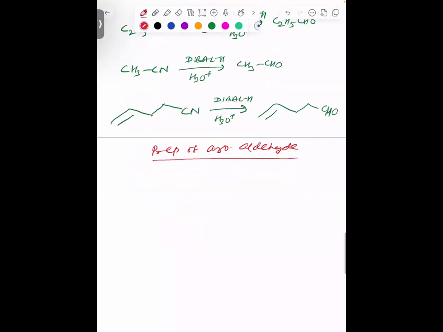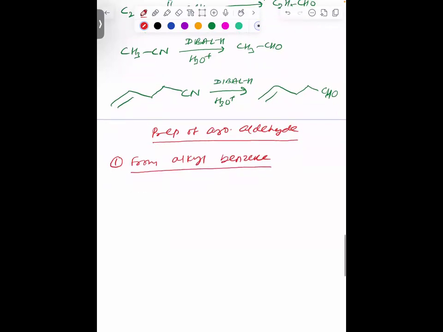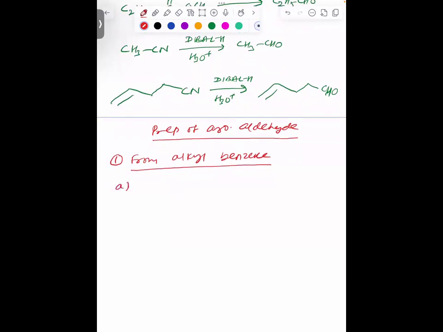Okay, preparation of aromatic aldehyde. Now, how to prepare aromatic aldehyde? Students, how to prepare aromatic aldehyde? First, from alkyl benzene. We can take toluene, alkyl benzene, or toluene.